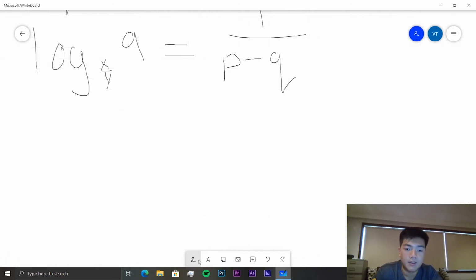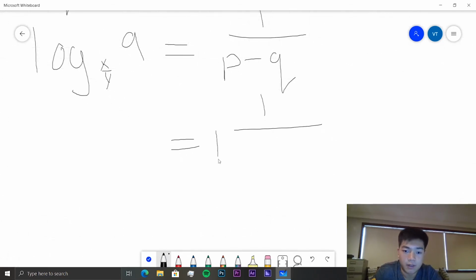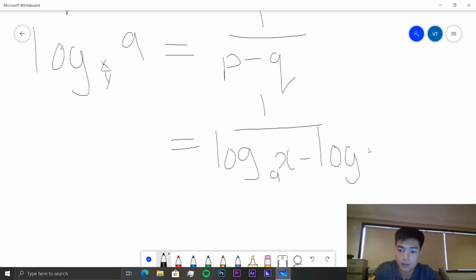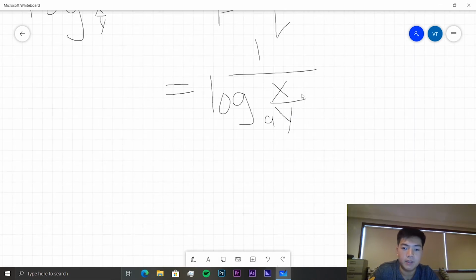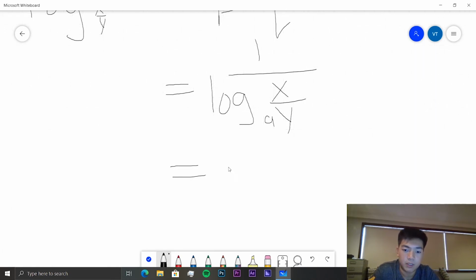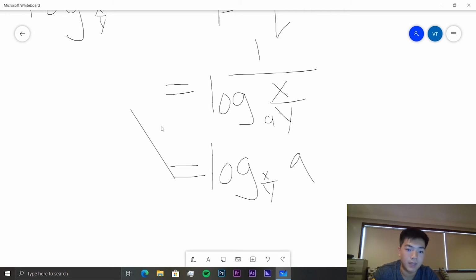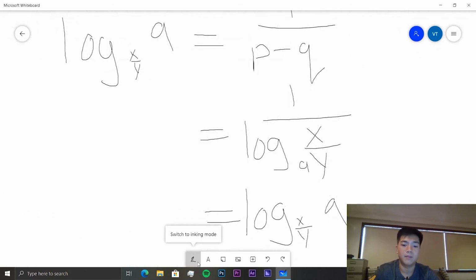Okay, so this is equal to 1 over log ax minus log ay, so this is equal to 1 over log ax over y. And so we can simply flip the two ones around to convert it out of a fraction form. So this is log xy to the a. So that's exactly what we needed to prove, I believe. Yeah.